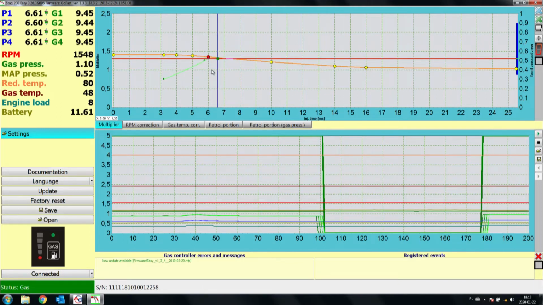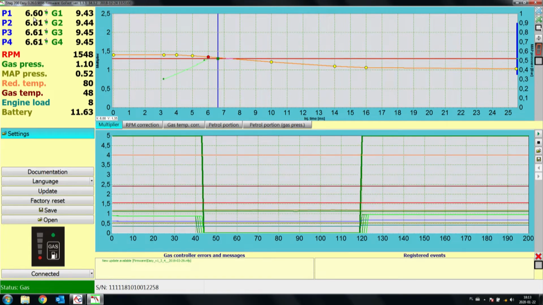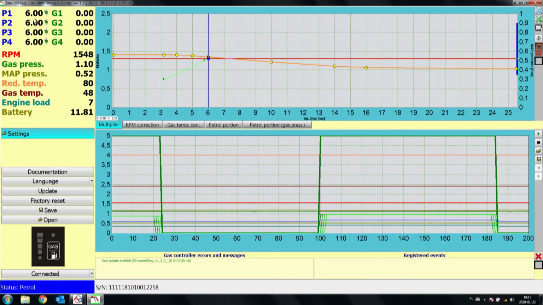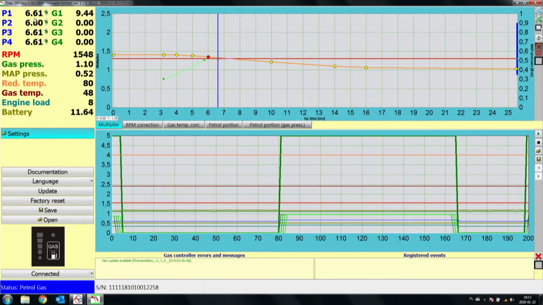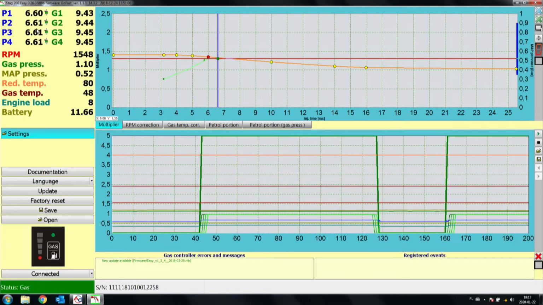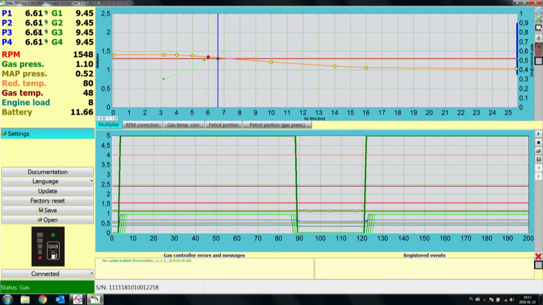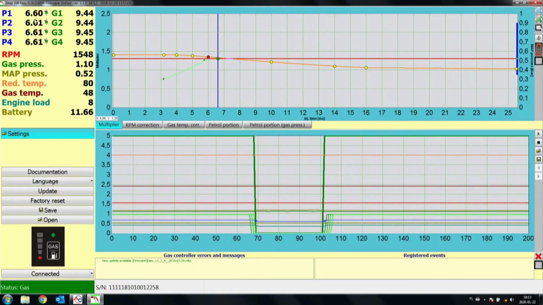The petrol injection timings are longer on gas. Once again, we are on petrol with 6 milliseconds of injection time, then we switch to gas and have 6.6. So right now the mixture is not proper. We have a different mixture on petrol and a different mixture on gas.